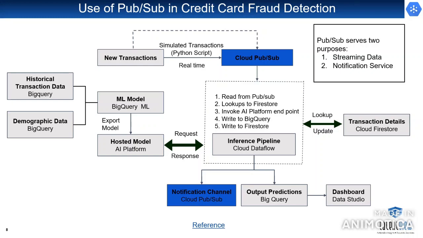If the prediction is found to be fraud, the notification channel sends messages to the consumers or the institution via Cloud PubSub. So here we can see Cloud PubSub is able to integrate well with other GCP native services like BigQuery and Dataflow. So these are the 2 use cases we have discussed.